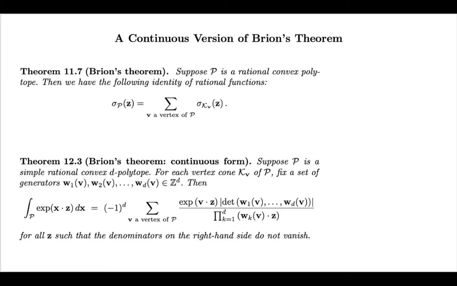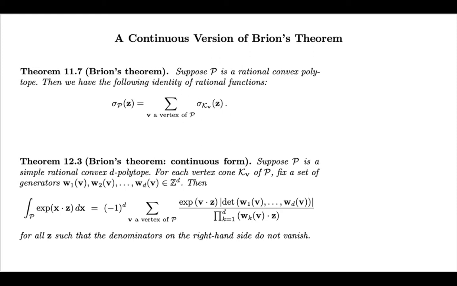So again, we have a rational polytope, but now we have to assume it's simple. Let me remind you that this means that at each vertex, I see exactly d edges if my polytope is d-dimensional. You will see why we need this condition. At any rate, so now the philosophy of this theorem is precisely as in the discrete version of Brion's theorem.